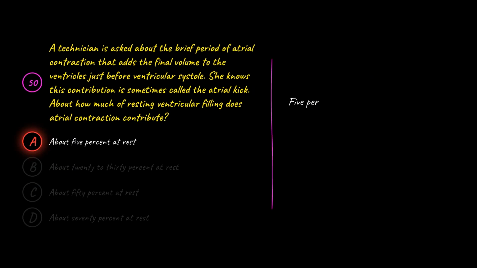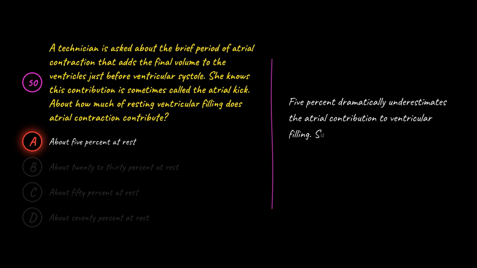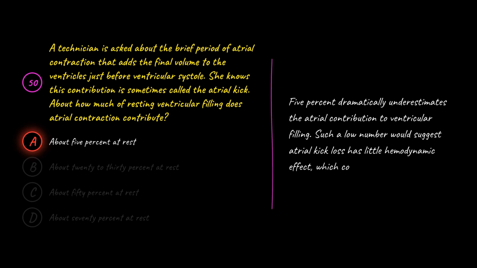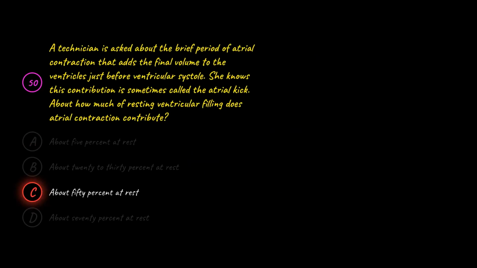A is wrong because 5% dramatically underestimates the atrial contribution to ventricular filling. Such a low number would suggest atrial kick loss has little hemodynamic effect, which contradicts the clinical importance of atrial function. C is wrong because 50% overstates the atrial contribution by roughly double.